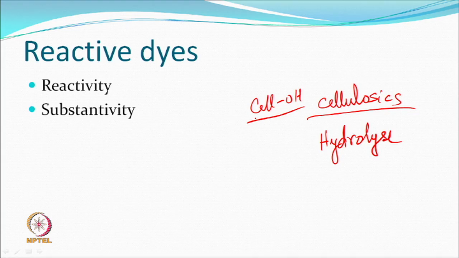So, reaction takes place in alkaline medium, water also has got enough hydroxyl groups, and so in alkaline medium dye would have the tendency to hydrolyze first rather than at a later stage, because the accessibility of hydroxyl groups in water molecules is much easier compared to even a large polymeric molecule like cellulose.